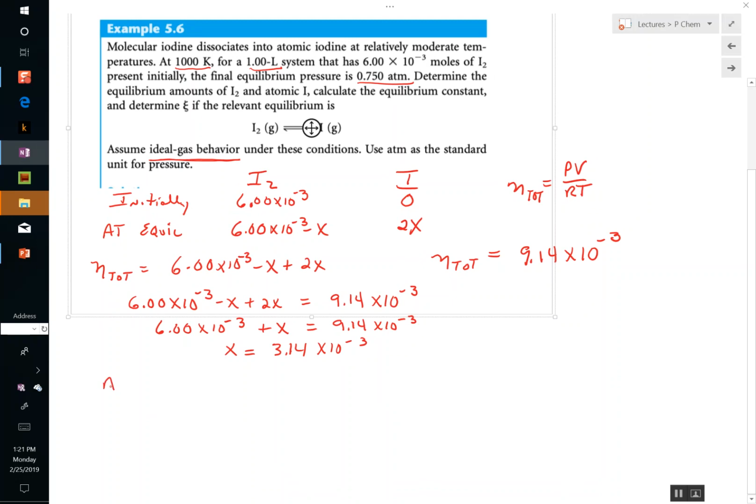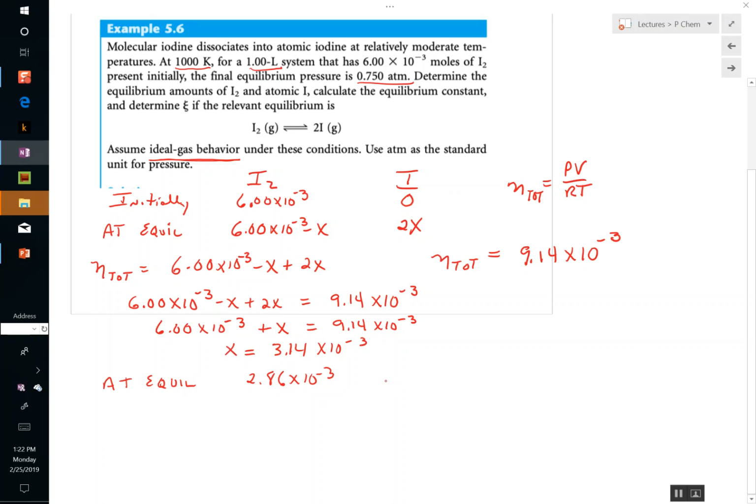So at equilibrium, finally, we have what kind of values for iodine? Yeah, okay. And atoms? It says determine the extent. Oh, we have to determine the extent. You have to figure out what that equation is.